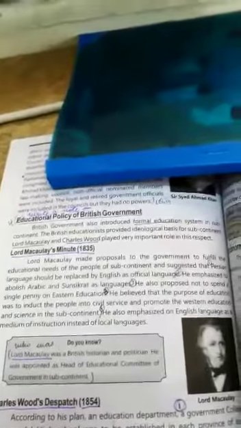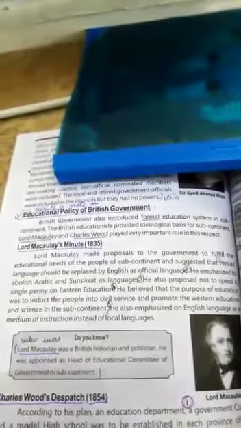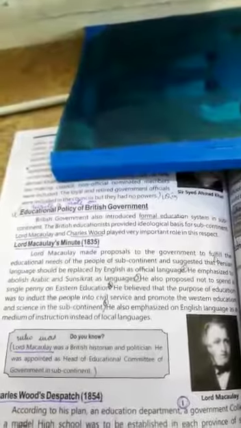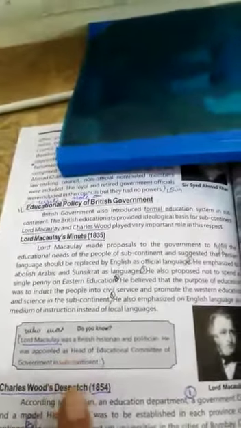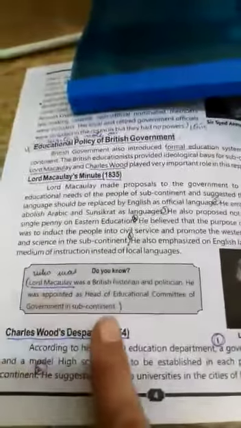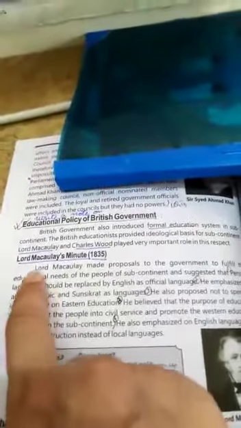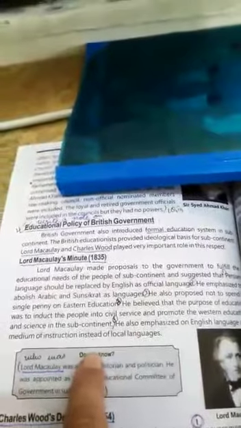Clear? There will be a complete long question on it: write a note on the educational policy of the British government, but you will prepare it in the way of short questions. Depending upon the need of the question, if you are asked who was Lord Macaulay, you will write about him, and then write a note on Lord Macaulay's minute, where you will write these four points.